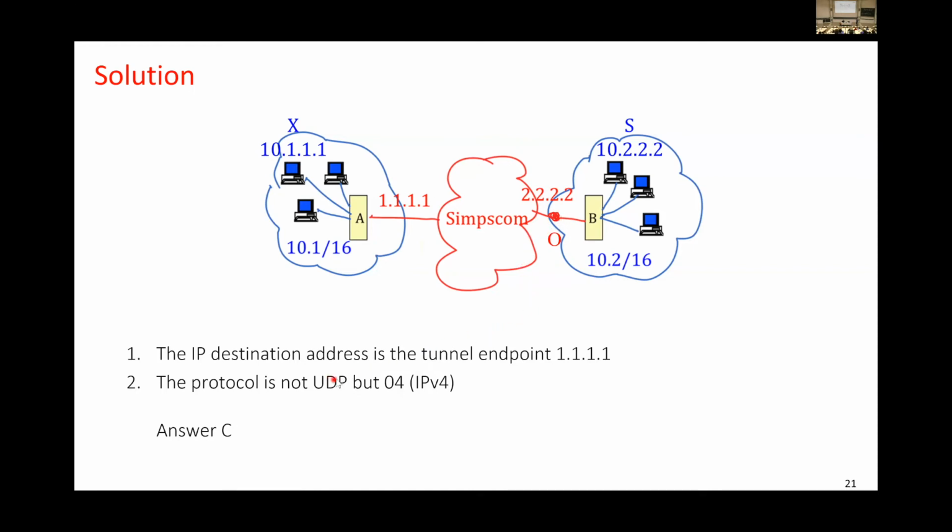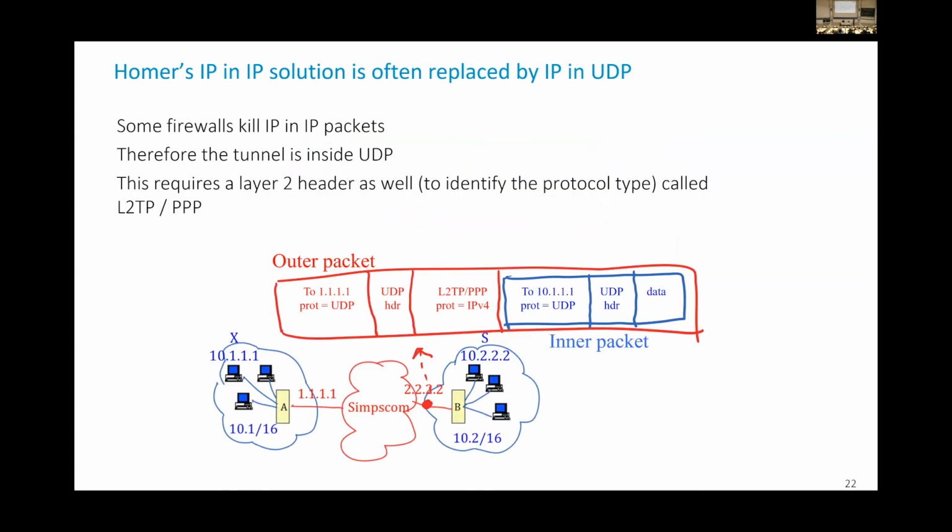But the protocol is not UDP. It is IP, IPv4. So there is a protocol number for IP itself inside IP, for IPv6 and for IPv4. So you can carry an IPv6 packet as the payload of an IPv4 packet, or an IPv4 packet as the payload, or all combinations are possible. So this is what we would see here.